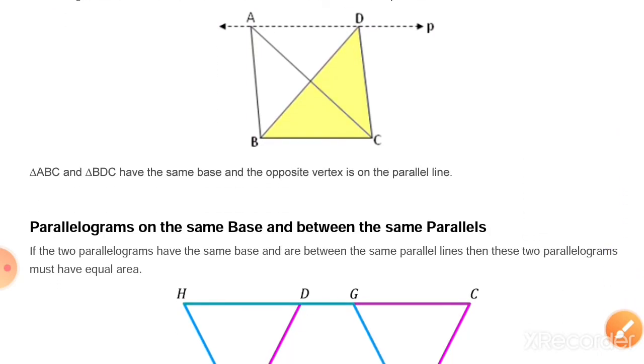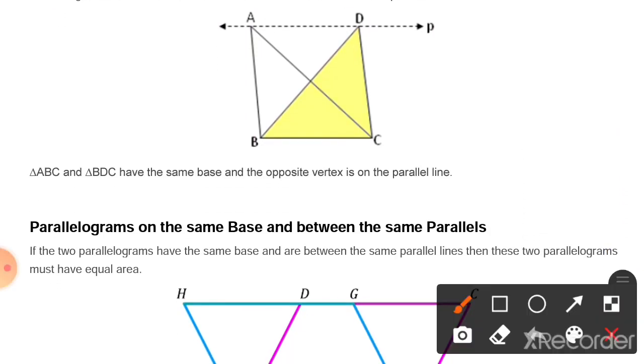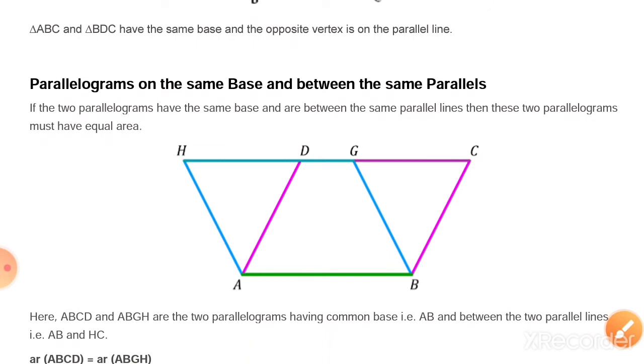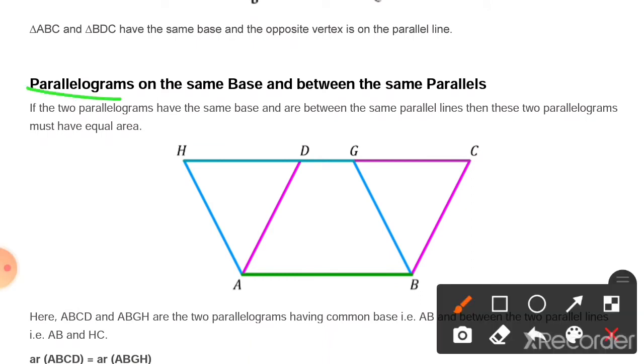Now next, we can say the triangles BDC and ABC are on the same base, with opposite vertices on the parallel line, correct? So now next, parallelograms on the same base and between the same parallels. First of all you have to check whether the given figures are on the same base and between the same parallels or not.